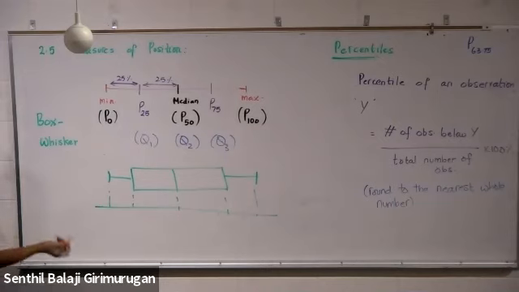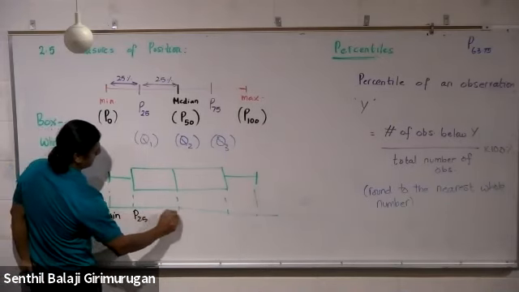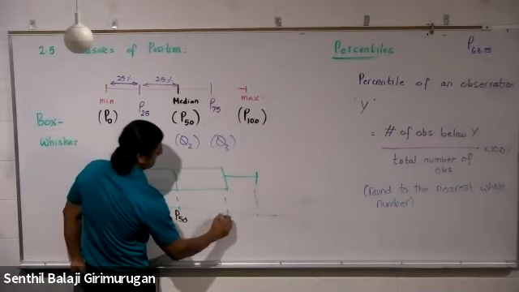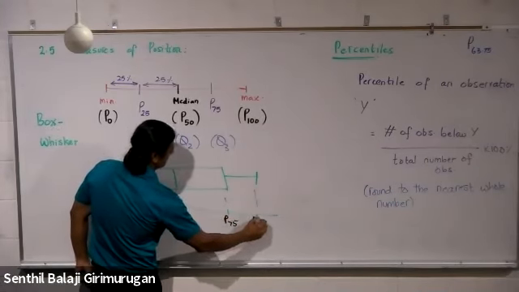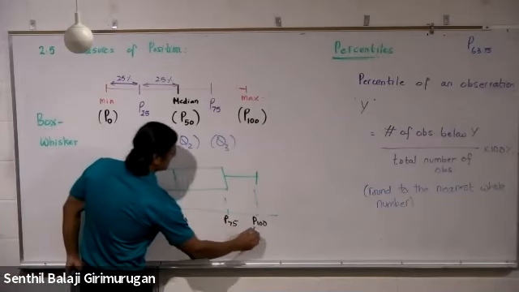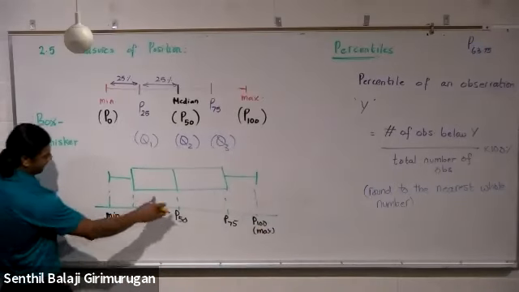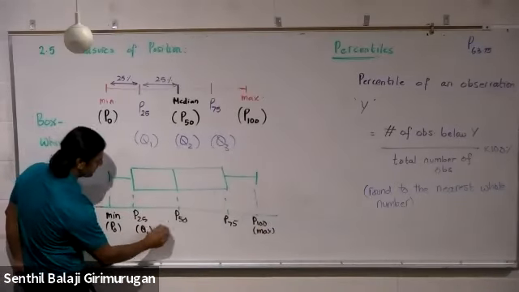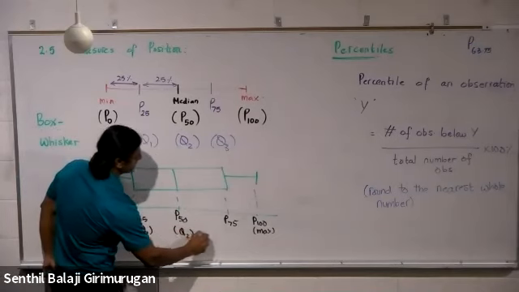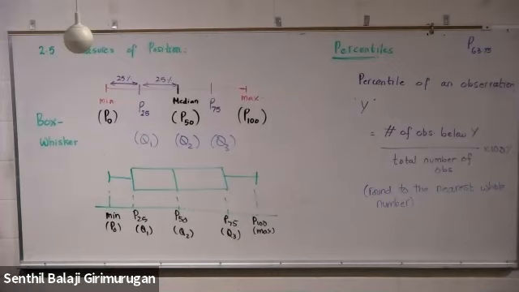0, 25, 50, 75, 100. And typically, in practice, people would probably put it as Q1, Q2, and Q3. Good.